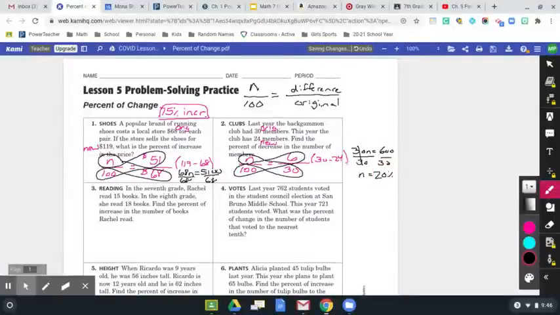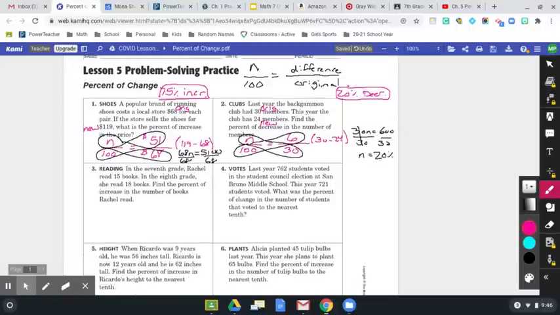So that is a 20% decrease. I'll write that up top here: 20% decrease in the amount of members from last year to this year. They lost 20% of their members for this club.